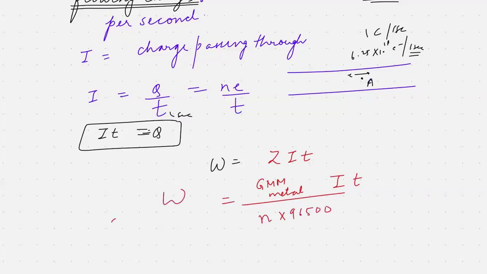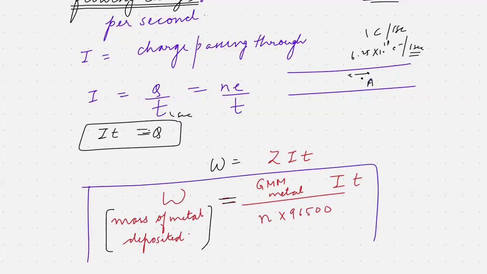In chemistry, there is no difference between mass and weight. So this is the mass of the metal deposited. So W here is going to be GMM into I into T upon N into 96500. Got the point? So that's the formula.